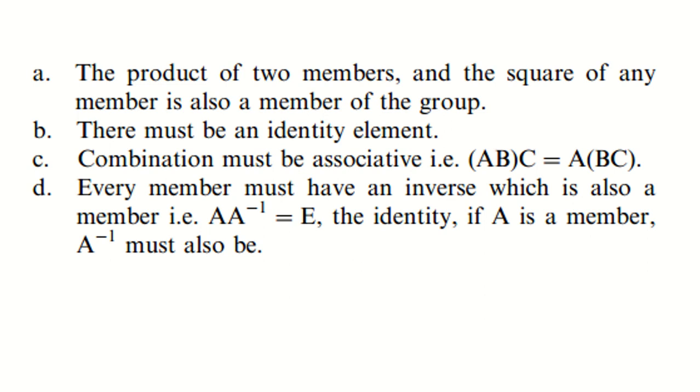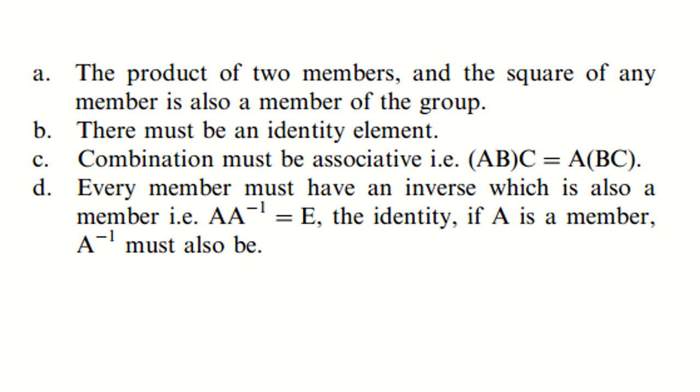So the first one is that the product of two members, and the square of any member, is also a member of the group. It means that here the member means the symmetry element or the symmetry operation that exists in that particular molecule.